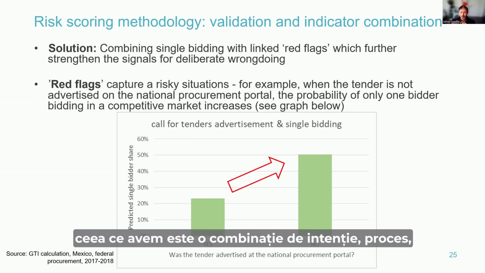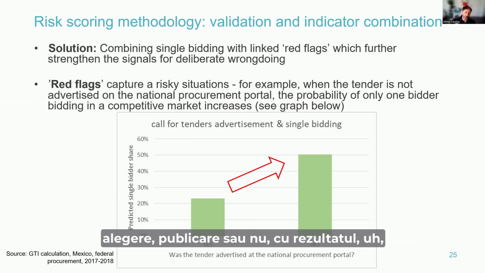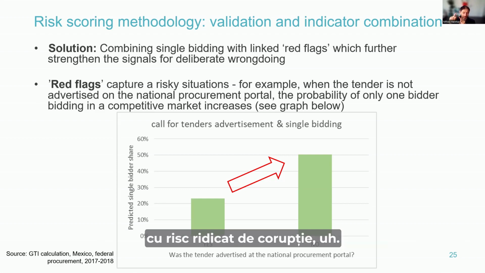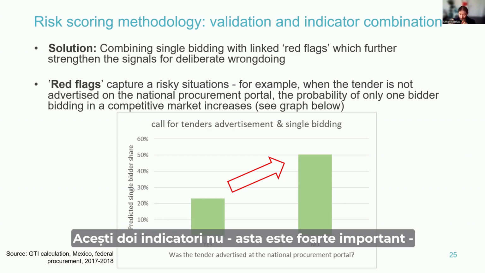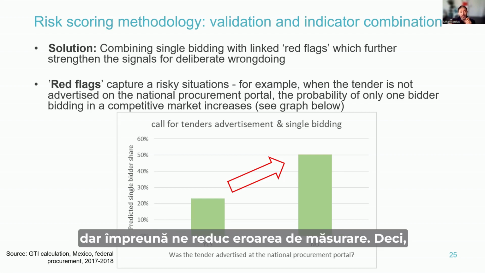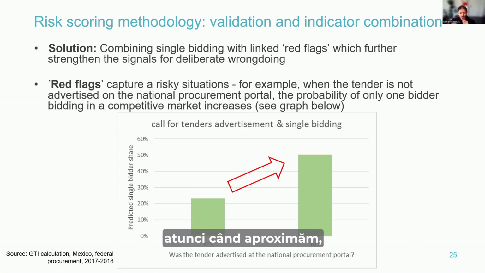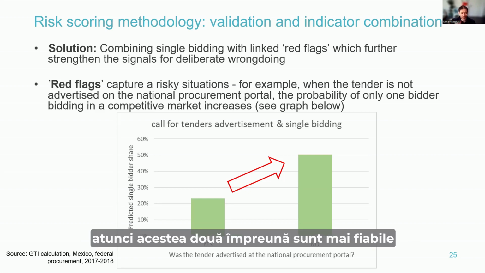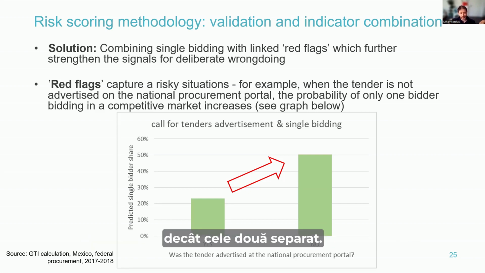So what we have is a combination of intent, process choice, advertisement or not, with the outcome corresponding to a non-competitive, high corruption risk scenario. These two indicators do not, and that's very important, necessarily indicate corruption, but together they lower our measurement error. So when we estimate corruption risks, these together are more reliable than the two separately.